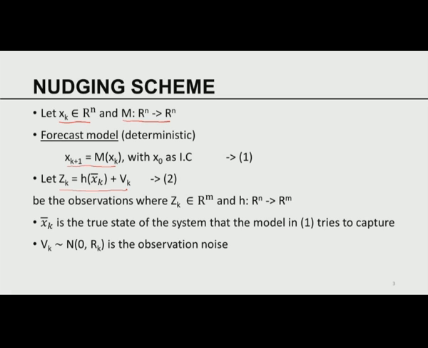I only have information about the true state through the observation. v_k's are the observation noise, h is the forward operator. Again, I would like to emphasize the notion of a true state, and the observation noise is Gaussian, a standard setup. So, what is the difference between this and the Kalman filtering scheme?